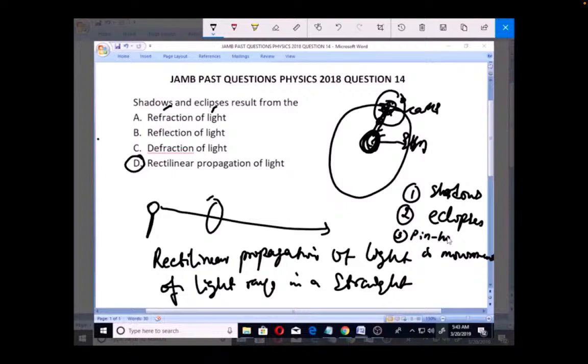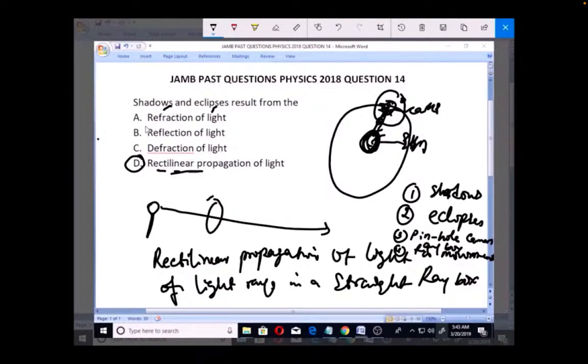If you know about the pinhole camera that you use in physics, it is also due to the rectilinear propagation of light. And finally, we have what we call the ray box. All these are possible because of the movement of light in a straight line, which is known as rectilinear propagation of light.